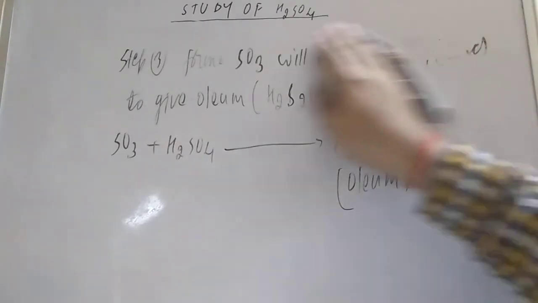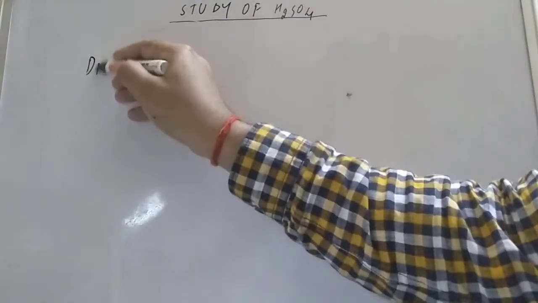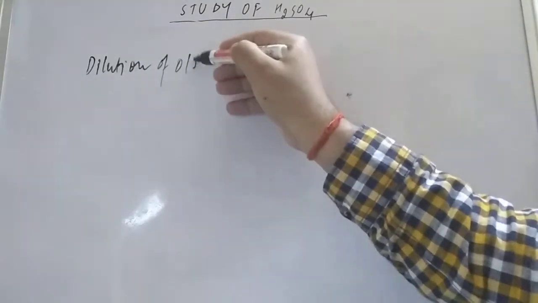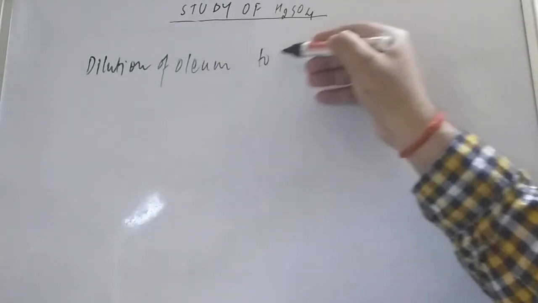So in step number three only, we will dilute this oleum and then find out what is happening. Here we are doing dilution of oleum to get sulfuric acid.